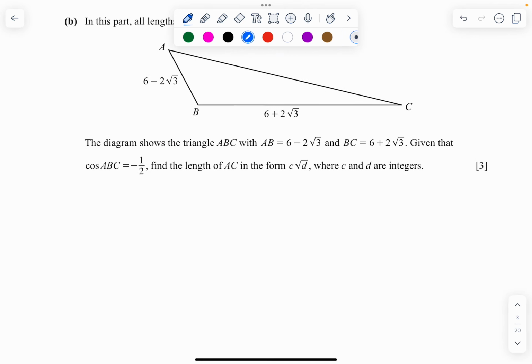Then the diagram shows the triangle ABC with AB 6 minus 2 square root 3 and BC is 6 plus 2 square root 3. See here you can already see that this is in the form of a plus b and this is a minus b. Given that cos ABC is negative 1 over 2, now you need to find the value of AC.